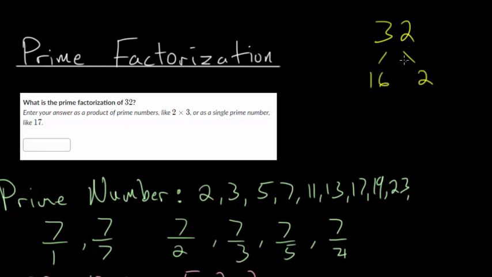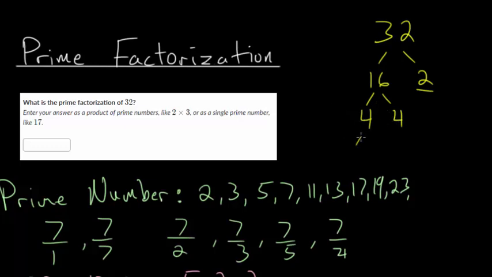Once you reach a prime number on one of your branches, you can stop. We can't break 2 down any further because the only thing you could break it down to is 2 and 1, but in that sense, you can just go on infinitely, which is not what we want. So we're going to stop at 2 because we're not including 1 as a prime number. Now 16 is not prime. We can break that up into a product of 2 other numbers, namely 4 and 4 or 2 and 8, whichever one you want to use.